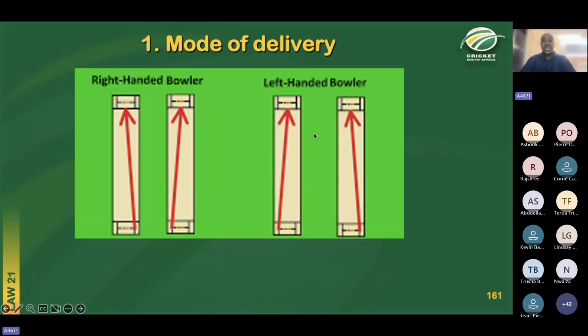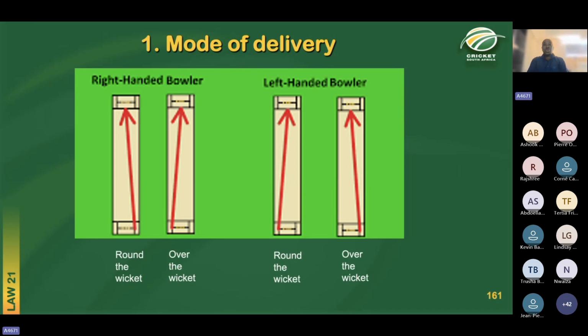So the first thing that we need to talk about in terms of no balls is the mode of delivery. When a bowler starts a spell, they need to advise their umpire as to the mode of delivery that they will be bowling.